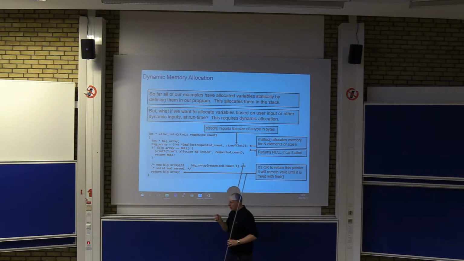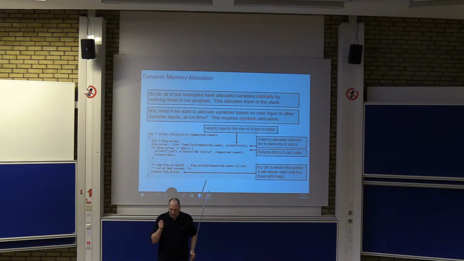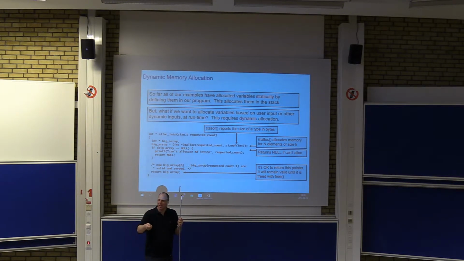But what happens in Java is that when you can no longer reference an object, meaning that there is no variable in your program that contains the address to that memory, it will automatically be handed back to the operating system. So it will do that automatically for you in Java, but not in C.